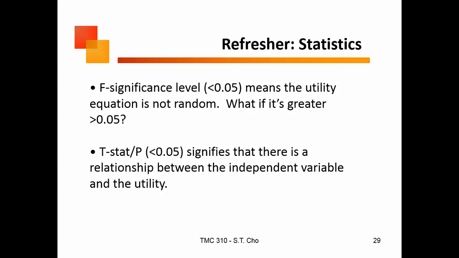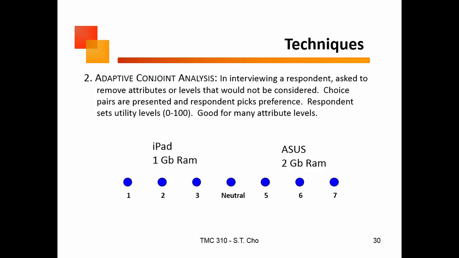And T statistics are about, are my 2 variables related to each other? Like, supposing on a graph I see weight versus number of calories consumed. Well, there's going to be a relationship. And so for a T statistic, the probability would come out to be very, very low. The probability is the probability that they're not related. Yeah, I know. It's screwy in statistics. I get confused at times too.